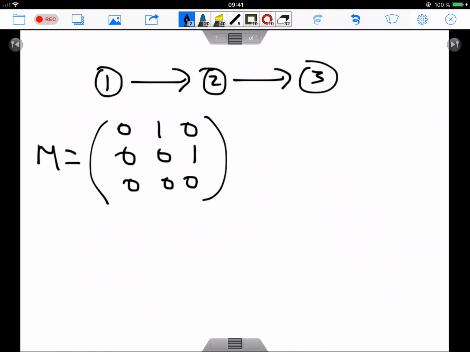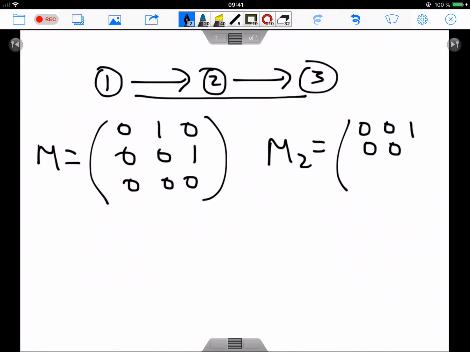Okay, because from 3 there are no edges coming out. Of course, the two reachability matrix in this graph is just 0, 0, 1, because we have this path of length 2 from 1 to 3, and the other elements of the matrix must be 0, because there are no other paths of length 2.